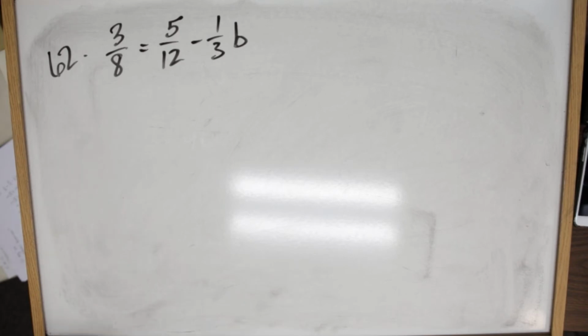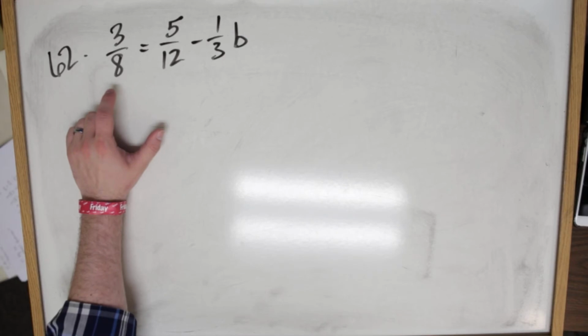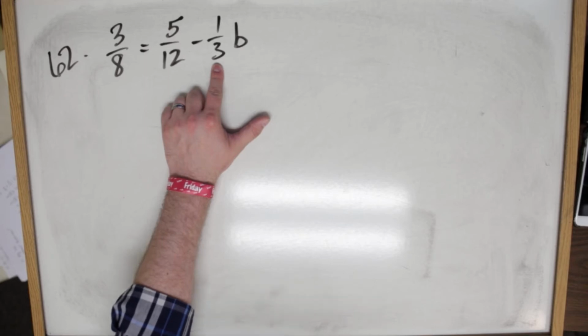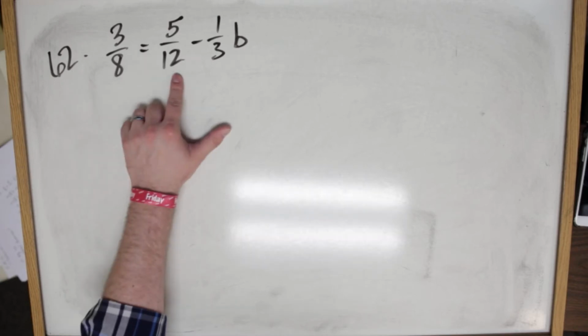Okay, so let's just take a look at 3. 3 times 1 is 3, 3 times 2 is 6, 3 times 3 is 9, 3 times 4 is 12. Okay, there's a 12 there. Good. 8 can't go into 12 though, so that's a problem.